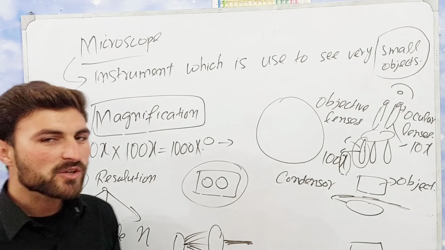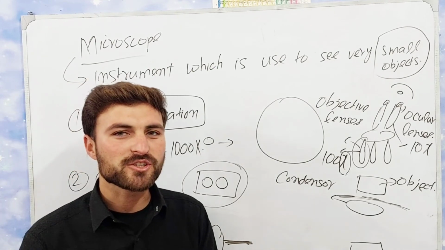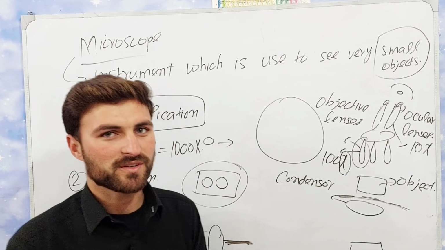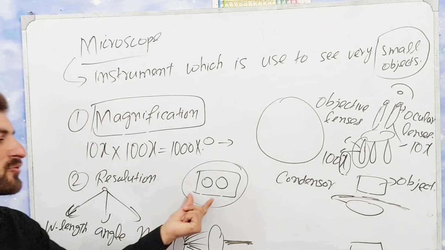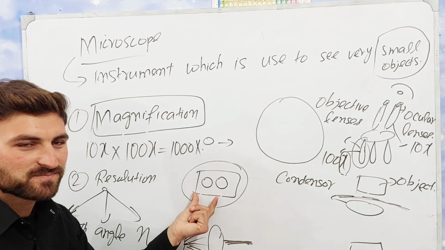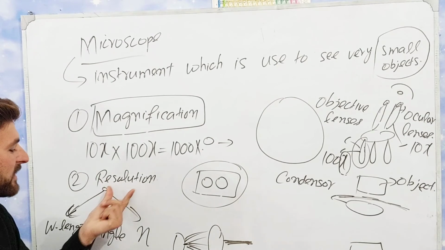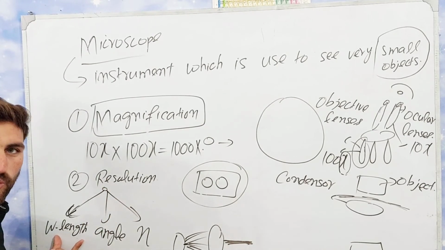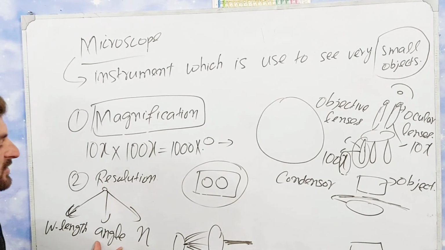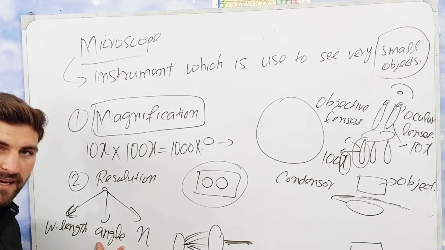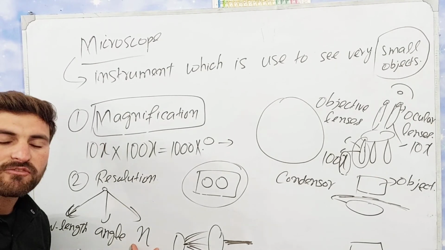If the refractive index is more, the resolution will be more and the image will be more clear. So resolution has an inverse relationship with the wavelength, and a direct relationship with the angle as well as the refractive index.